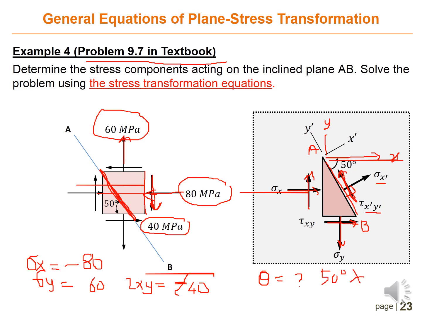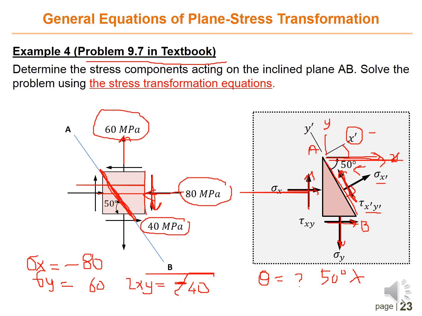You cannot use this theta to substitute in equations 1, 2, and 3, because the theta that you have to use must be oriented from the x-axis to the new x prime axis. What is the angle between the x-axis and the x prime axis?